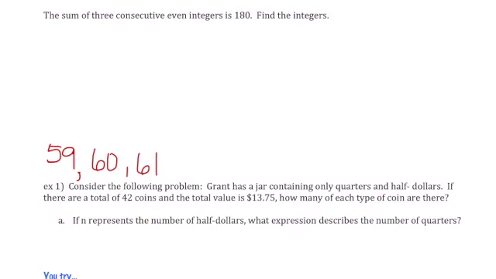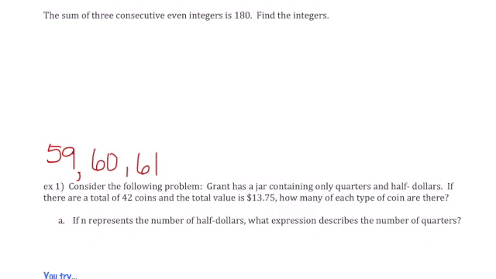Example number 1 says, consider the following problem. Grant has a jar containing only quarters and half dollars. If there are a total of 42 coins and the total value is $13.75, how many of each type of coin are there?